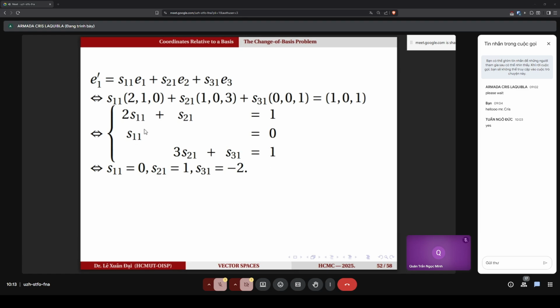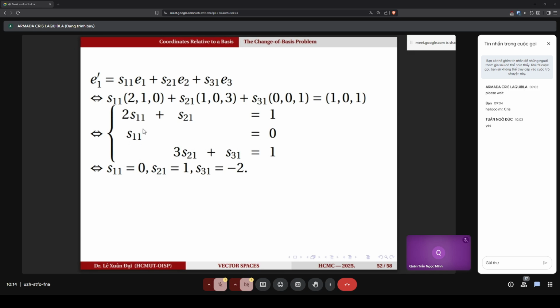Now class, you solve the values. The easier way to solve is row 1, row 2. For row 2, it has a value already. Your S11 is 0. Now you substitute it here in the first equation.